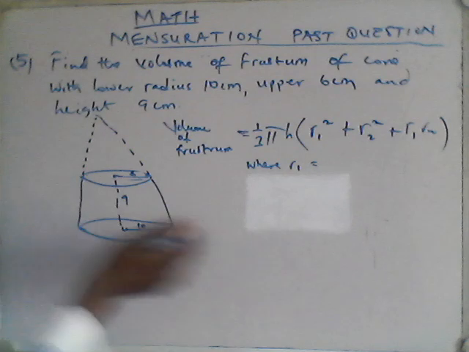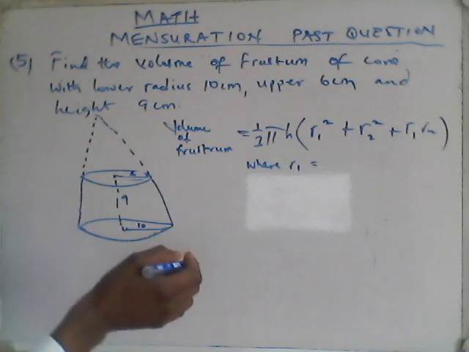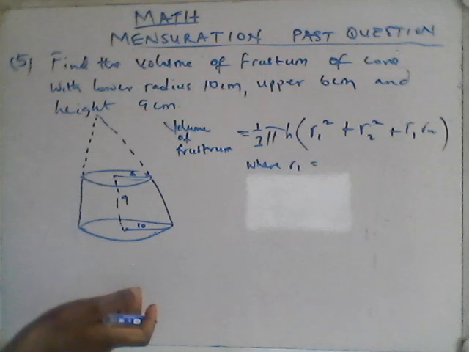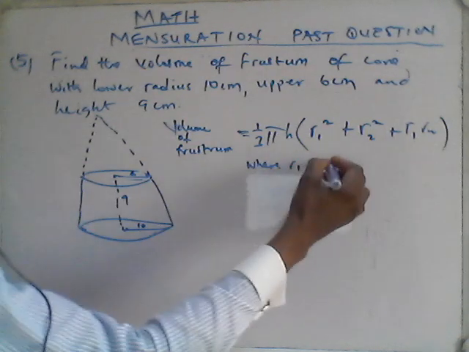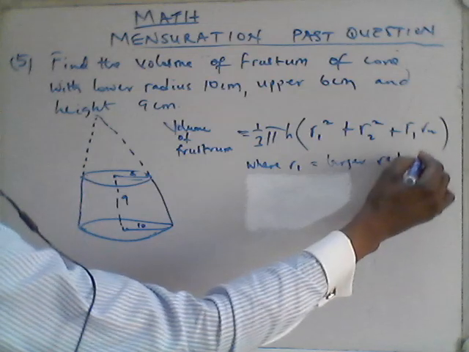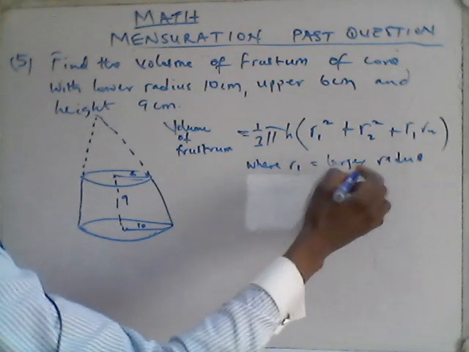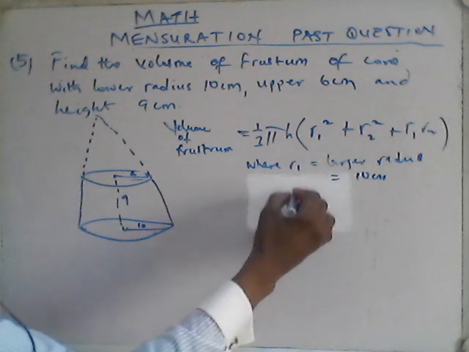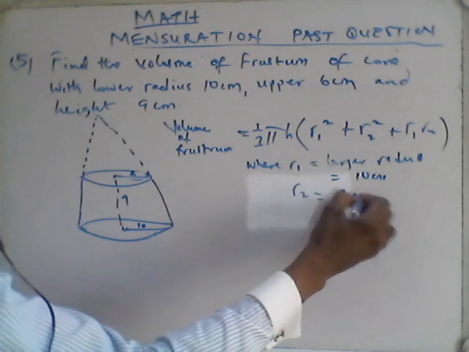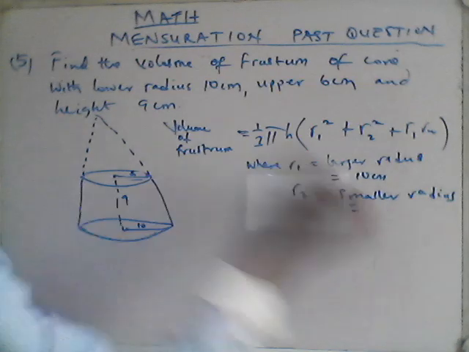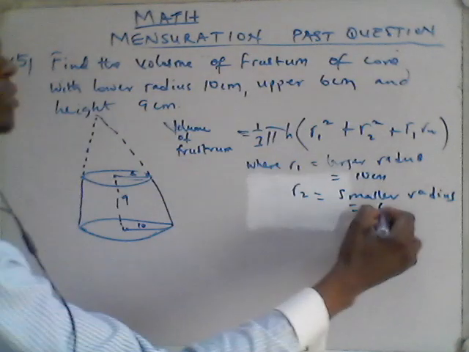In this case, R1 is 10 cm. Then R2 is the smaller radius, the upper radius, and in this case R2 is 6 cm.